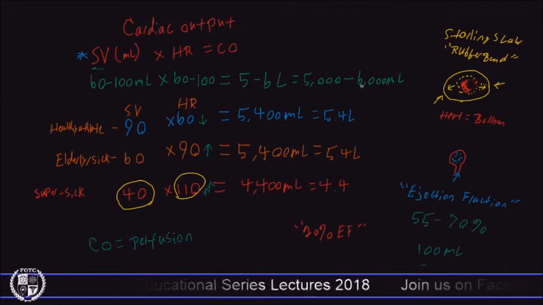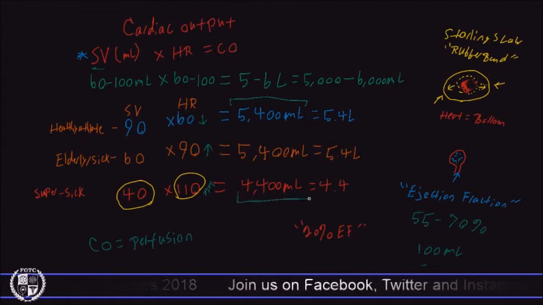All of this goes into maintaining a cardiac output between 5 and 6 liters. If somebody falls below that normal limit of what's acceptable for their body, that is when we start having issues, and you're going to start noticing decreasing mental status and things like that. And so that's cardiac output.